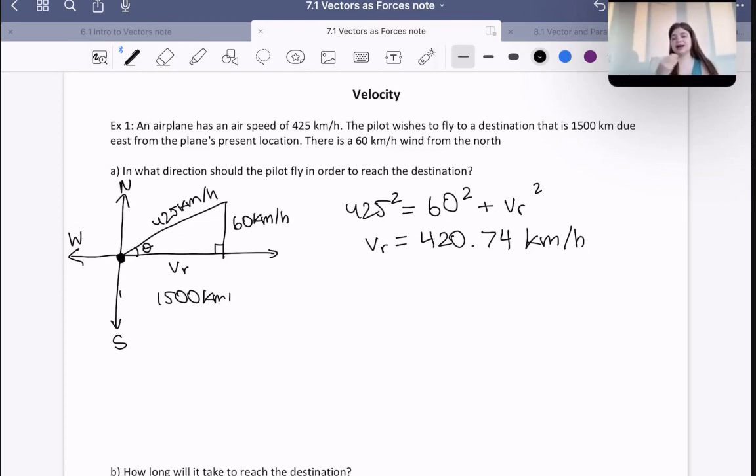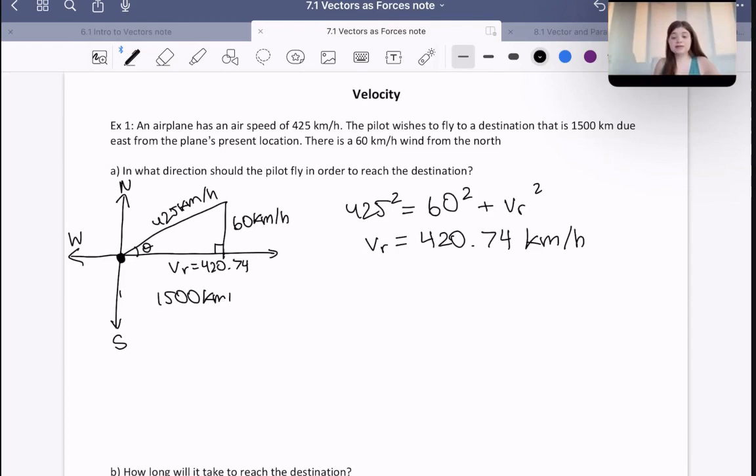Some of it's not actually power to get to our destination, but to fight off this wind. Some of it's going against the wind so that we get somewhere due east rather than somewhere a little bit south of where we actually want to go. We also need to find this angle, and it's going to be a relatively small angle, I would say.